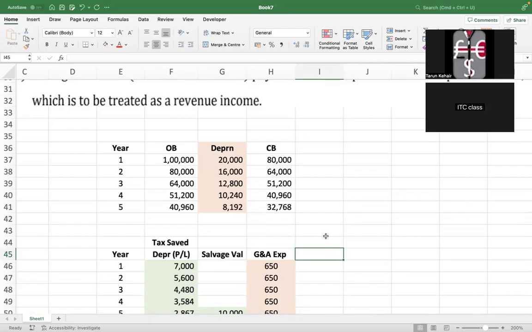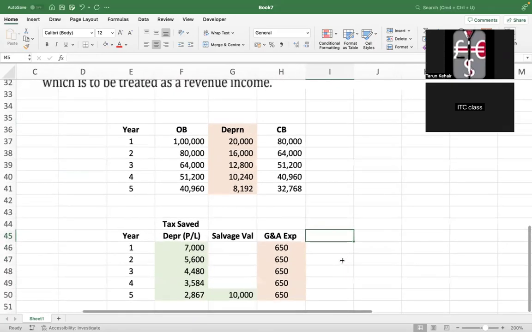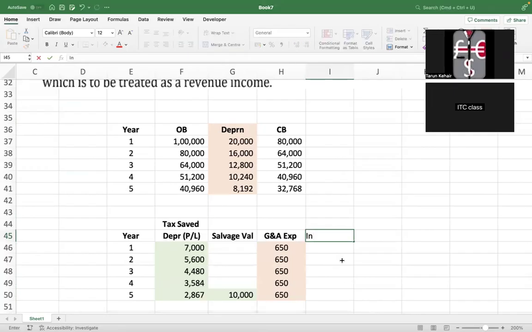So you have an annual rent. 1,000 is going to your P&L and 350 is tax saved because it reduces your profit by 1,000. 35%, so 350 tax saved. So net cost 650.